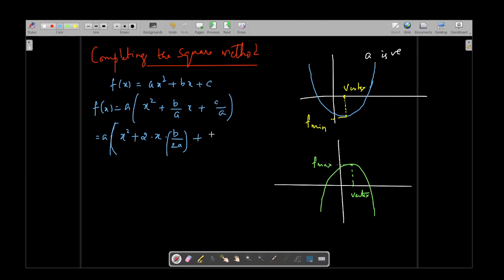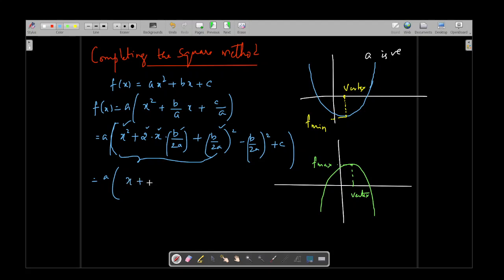I can add and subtract b by 2a whole square plus c. So from these three terms, I can write this is a square, this is b square, this is 2ab. So this I can write as a plus b whole square.